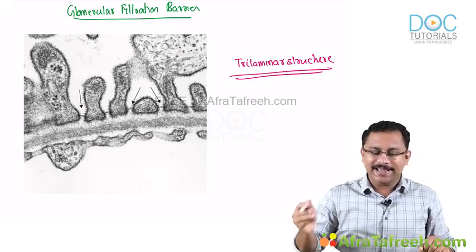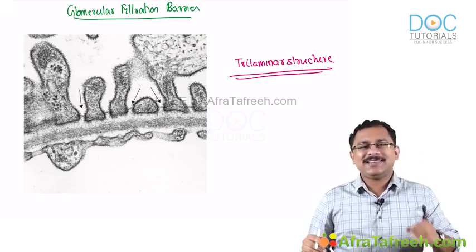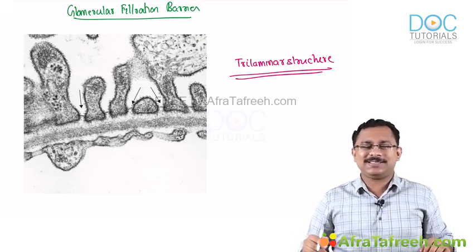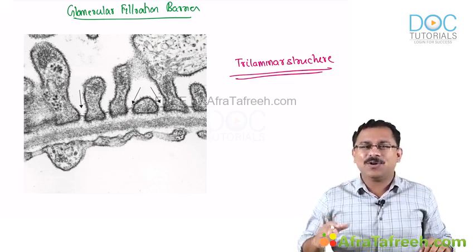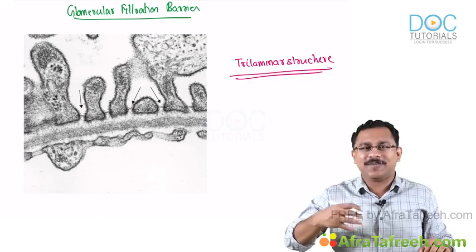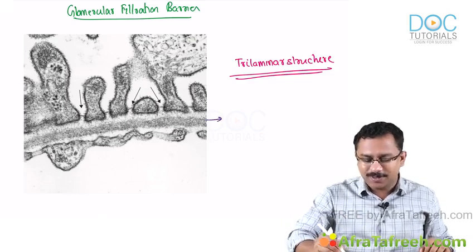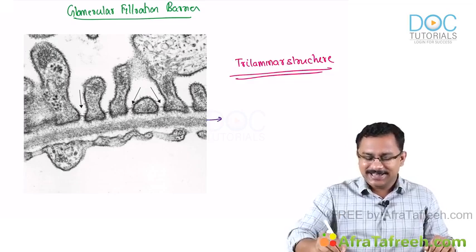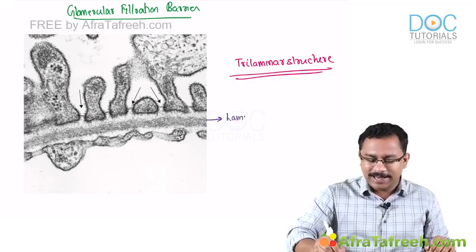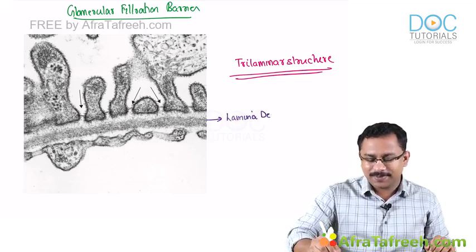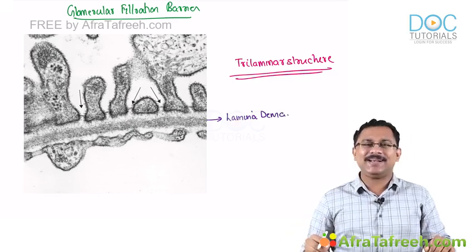When I say trilaminar structure, it means it consists of three components. So let's see what the individual components of the basement membrane are. It has a central part which is quite dense, and you can call it the lamina densa.